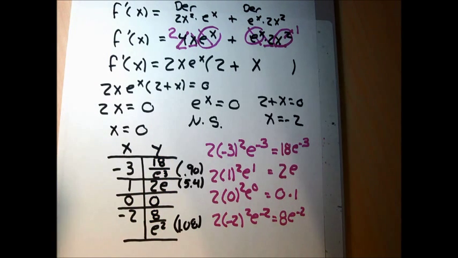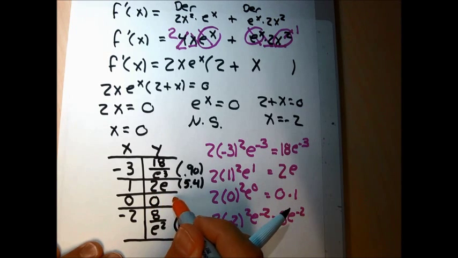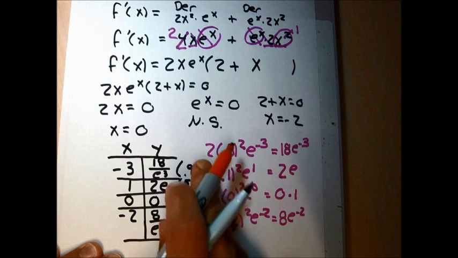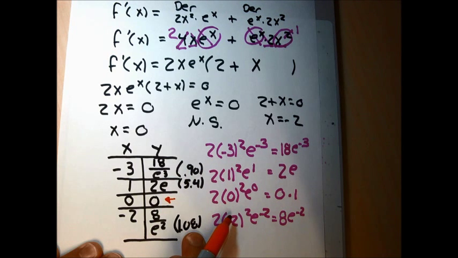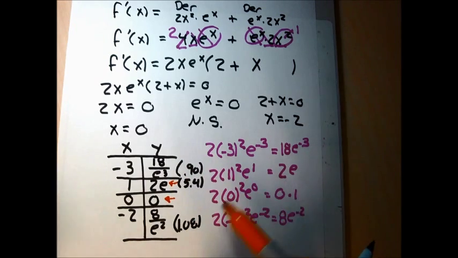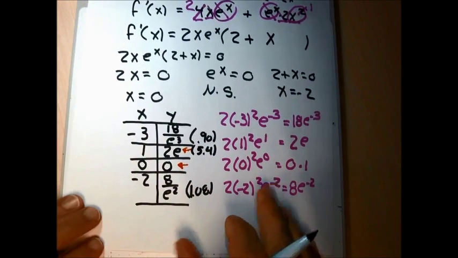So it looks to me like I know now where the smallest and the largest y values are. This looks like to be the absolute minimum, because in this column of y's, 0 is smaller than any of those other numbers. And it looks to me like that's going to be the maximum, because in that interval of those 4 y's, that's the biggest number. So now I can write my answer.